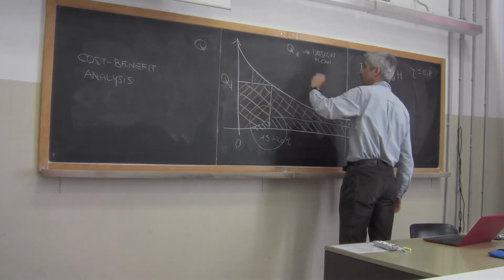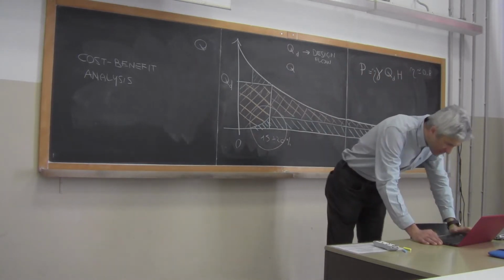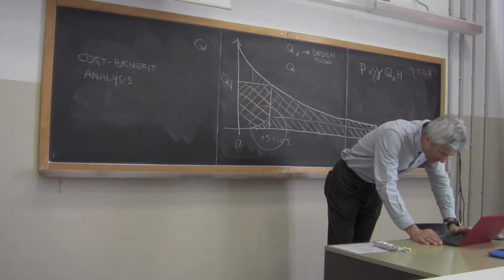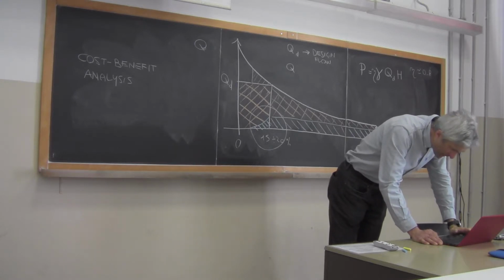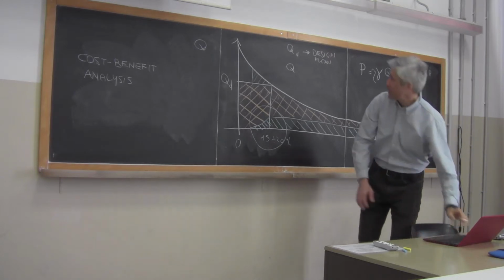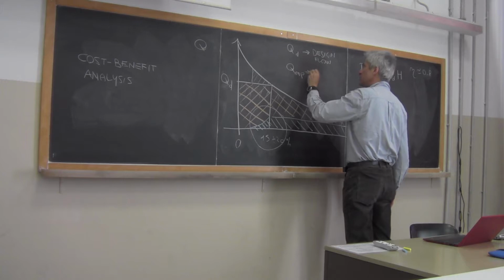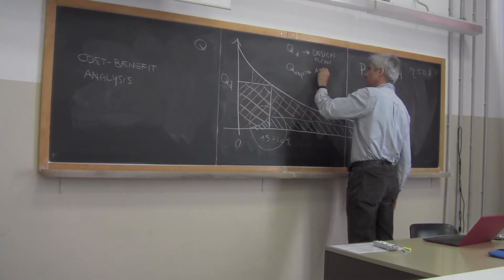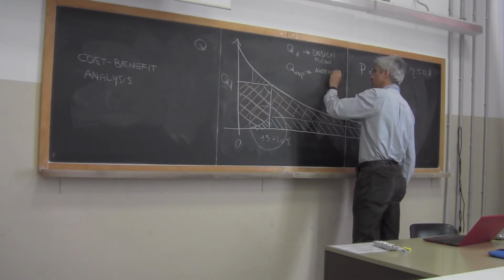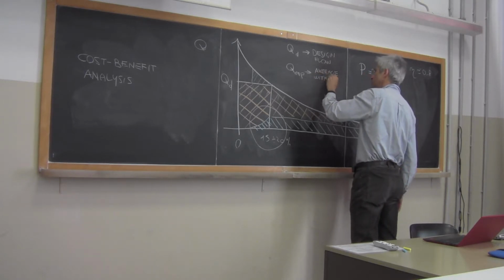Okay? Then you can get an estimate of, let me see, because I don't remember the symbol that I use, QMP. Yeah, QMP. QMP is the average withdrawn flow.